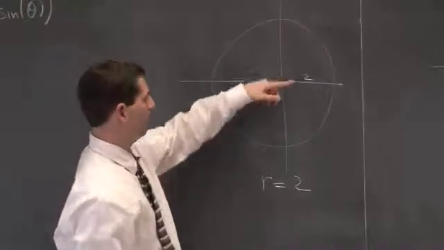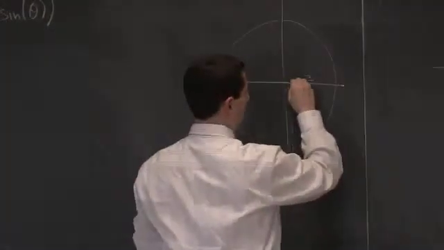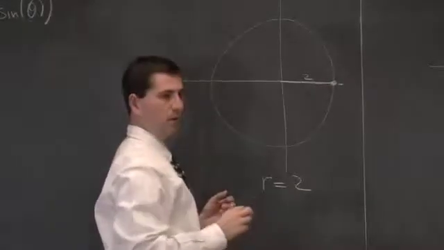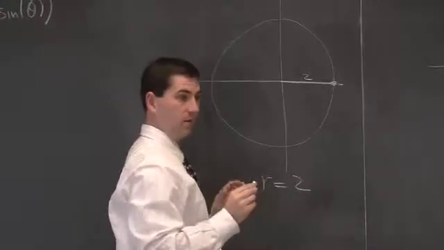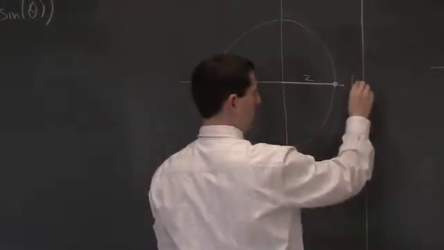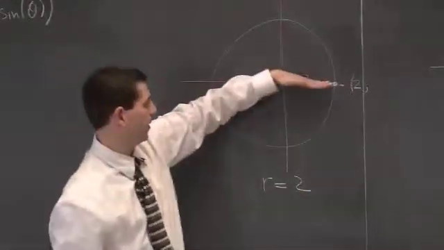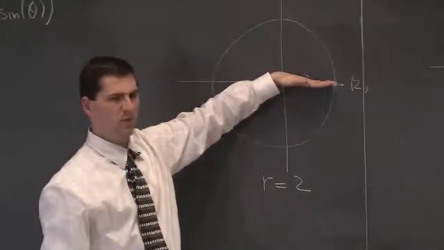But now what happens in this circle? Say you take this point. What's the coordinate of that point in polar coordinates? Well, the radius is 2. What's the angle here? Don't worry about sines and cosines.